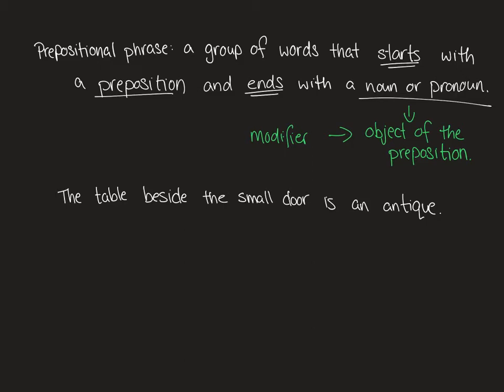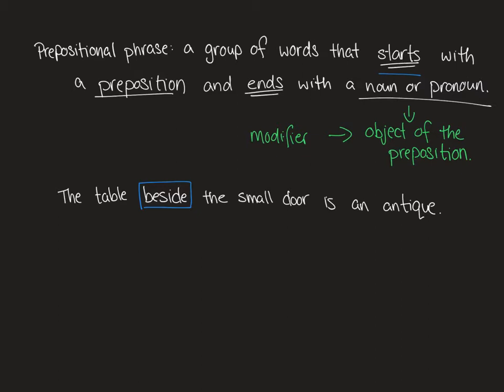If we examine this first sentence, the table beside the small door is an antique. The preposition that we see here is beside. So beside will be the beginning. Remember, this is our start, our preposition, and it's going to end with a noun or pronoun.